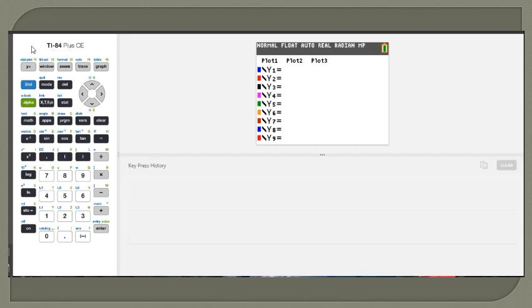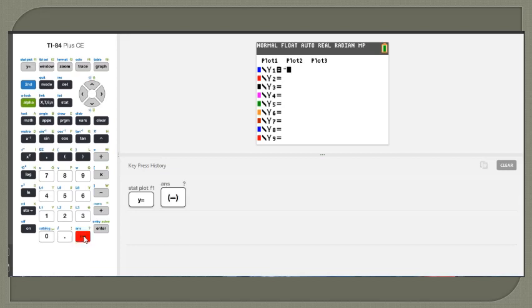If I'm going to graph a linear function, I'm going to hit this Y= button right here in the top left. So I hit Y=, and now I can enter my equation. I'm going to enter the equation minus 2x plus 6. So I hit this minus button here, not the subtraction button, but the negative button, to start off.